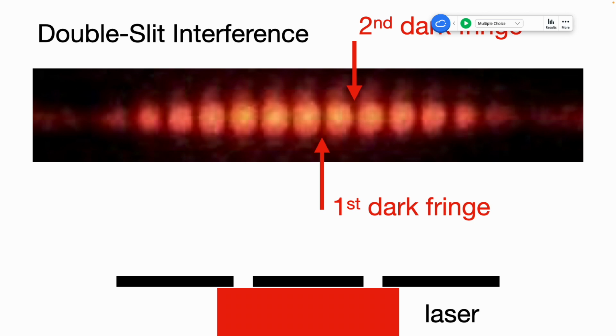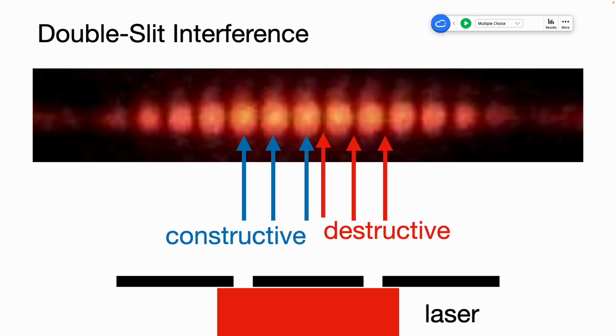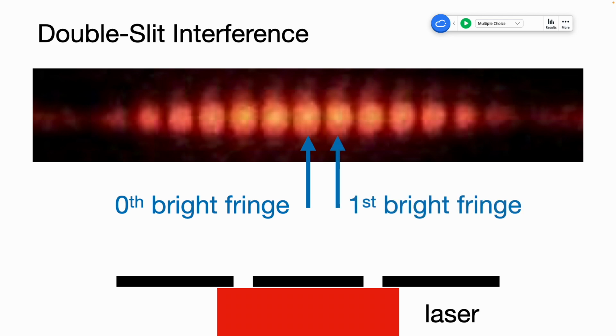Yeah? So there's no zeroth dark fringe. Oh yeah, I don't think there's a zeroth dark fringe because, for the bright fringes, you can label these two as 1 and -1. And for the zeroth one, it's right at the center, so +0 and -0 are the same.